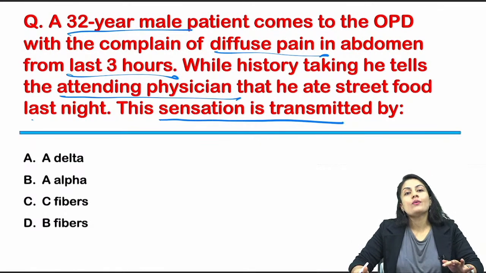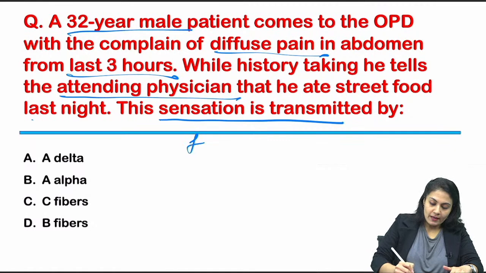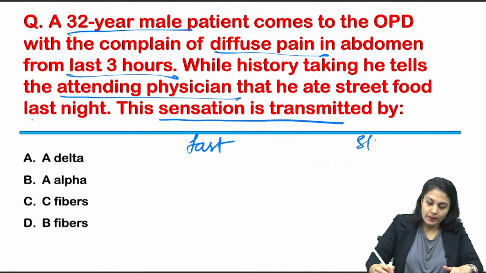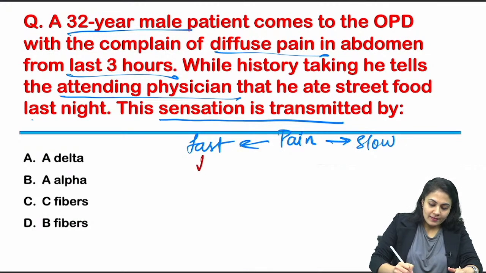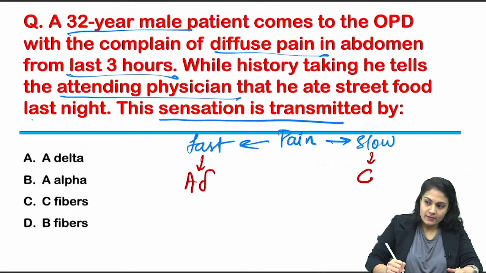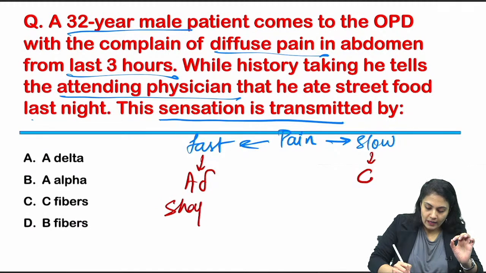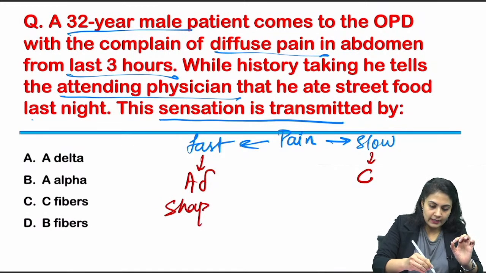Alright, so there are two types of pain, fast pain and slow pain. Pain is important, right? Fast pain is carried by A delta and slow pain is carried by C fibers. A delta is very sharp, well localized and pricking type of pain.